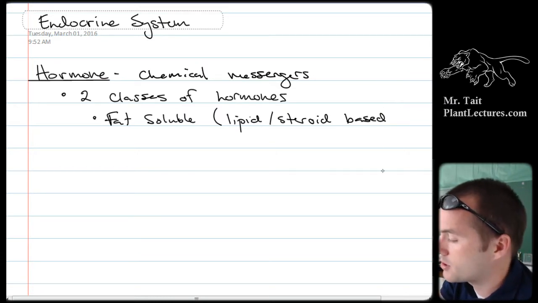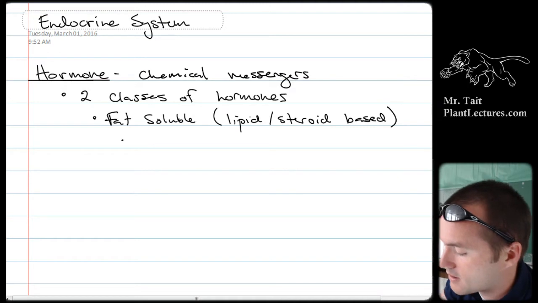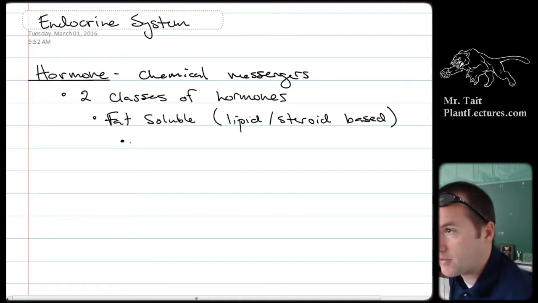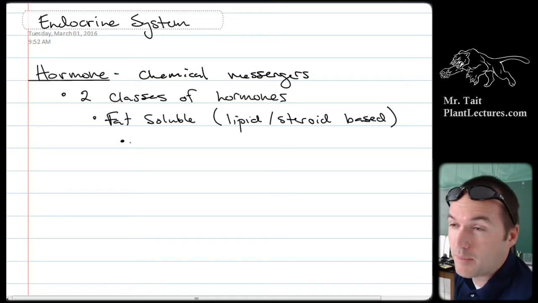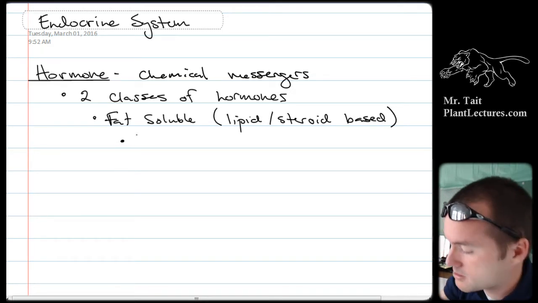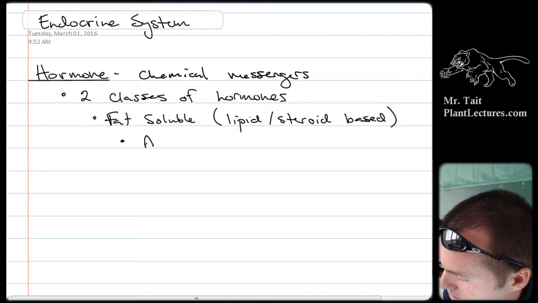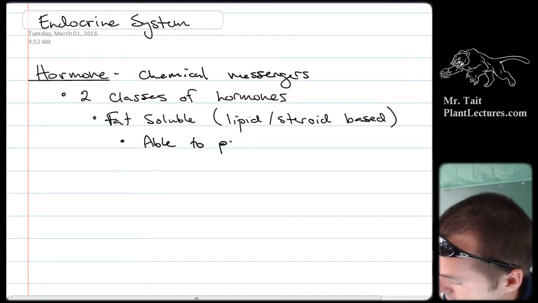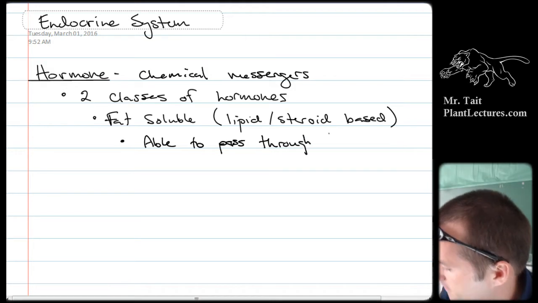These types of hormones, because they are fat-soluble, the key here is that they are going to be able to dissolve in the phospholipid bilayer, or rather move through the phospholipid bilayer, and therefore they're going to be able to get into the actual cells. Okay, so these are able to pass through the phospholipid bilayer.